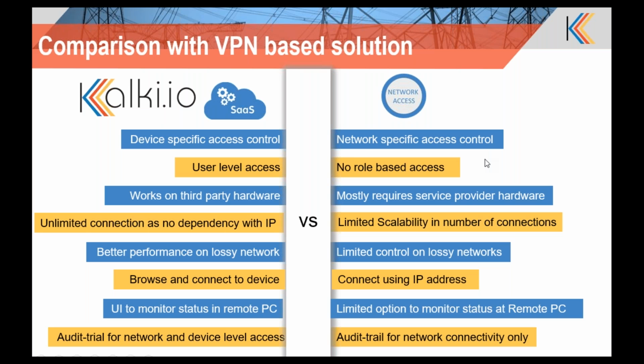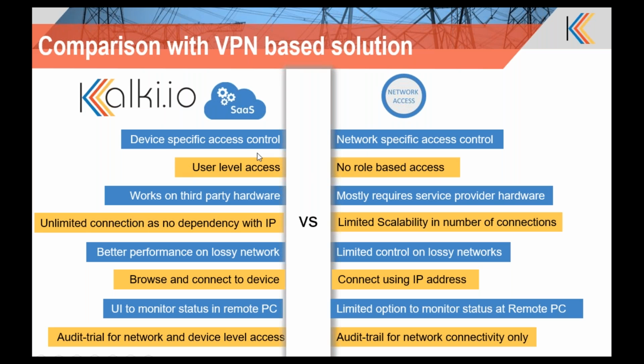It means if your engineering PC is connected to a VPN and your device is connected to a VPN, and you have multiple devices, you can ideally connect to any of the devices regardless of the permissions or user settings which you have provided. So virtually you can access any of the devices out there in the network.